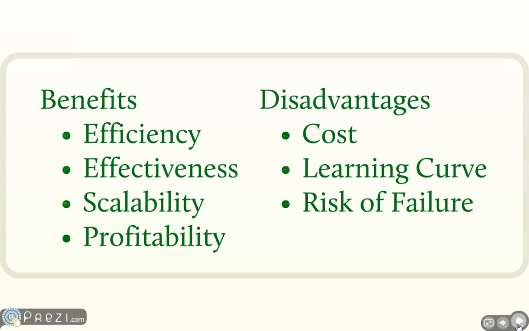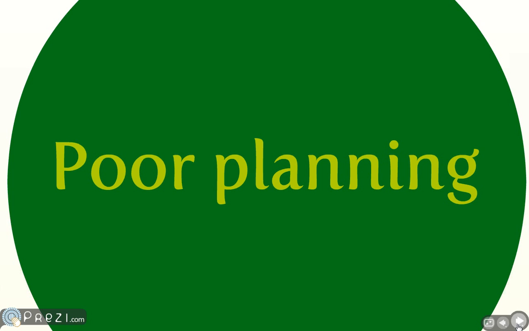And then the final disadvantage, I suppose, is the risk of failure. And this does happen. Systems fail, and they fail for one reason, predominantly, which is poor planning. The whole change management process takes a bit of thought. I wrote a blog article about it a little while ago, really talking about why recruiters are so bad at managing change in their organization.